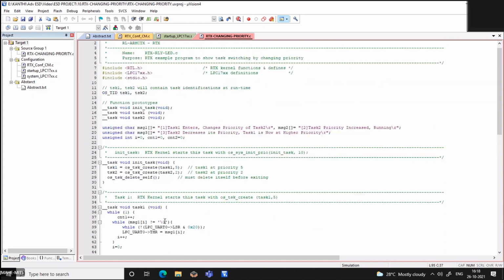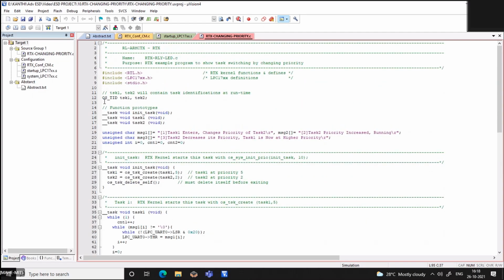Moving on, you have the identification, the task IDs. We have got two tasks. As I've already mentioned many times, the operating system we are using for multitasking or multi-processing needs a minimum of two tasks.